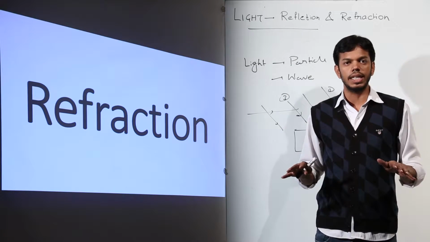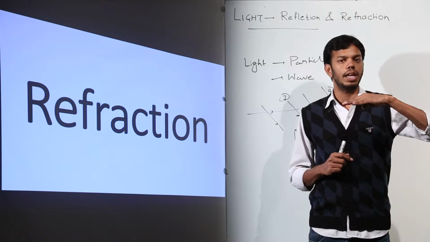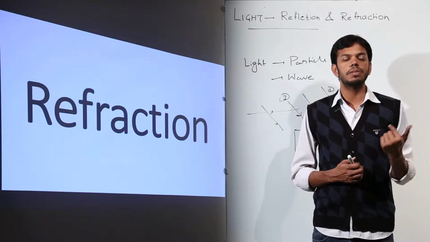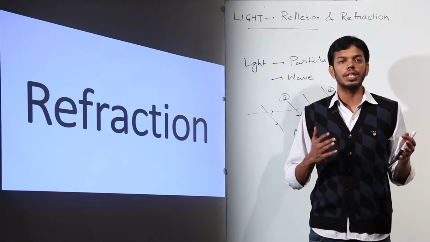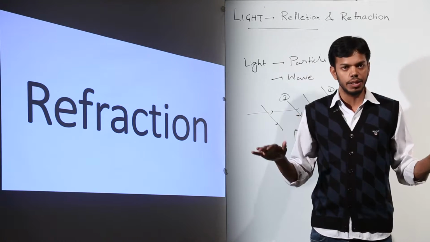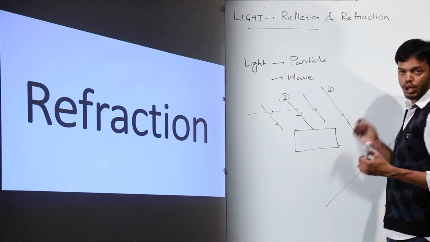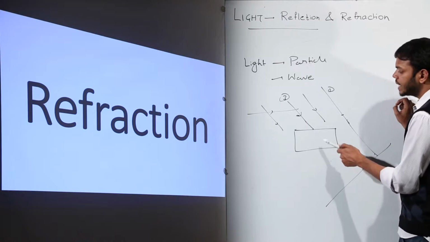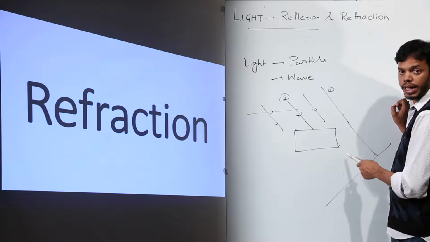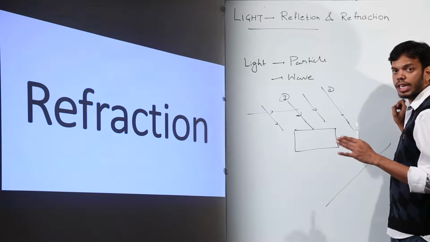But if this same space is now filled with water up to this level and I'm running again, this time my speed will be slow. Why? Because I'll be facing a lot of resistance due to this denser medium. Similarly, these particles of light, which you know as photons, due to obstruction given by the denser medium will slow down in their speed.